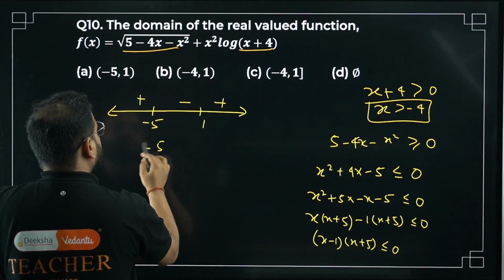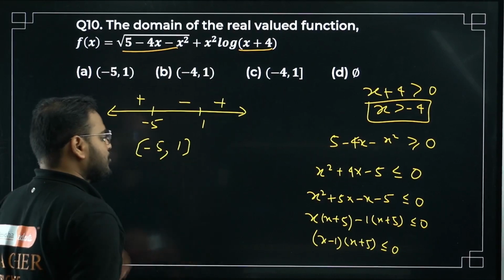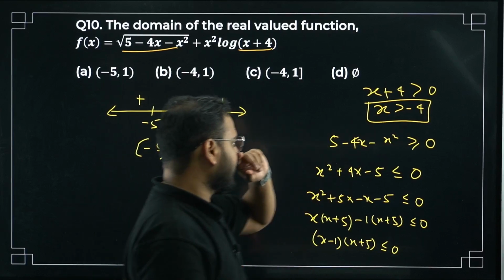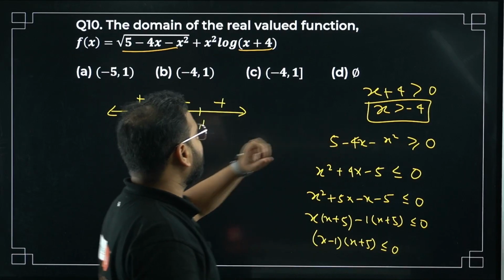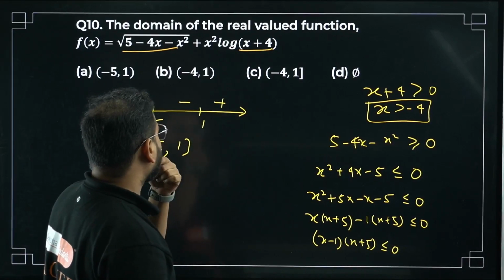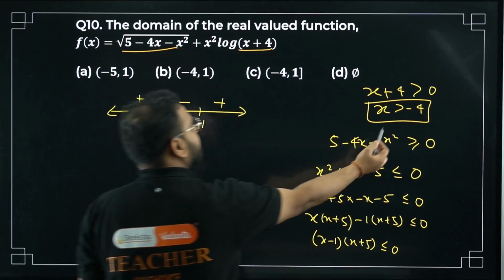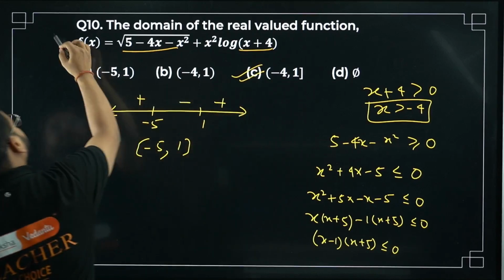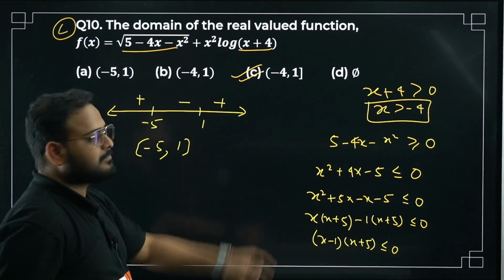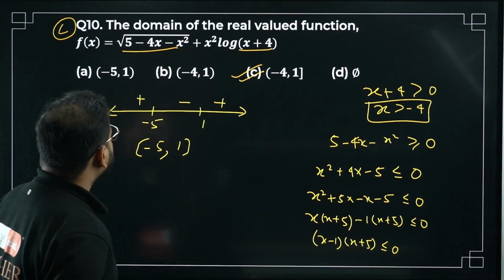So minus 5 closed to 1 closed, but it has said minus 4 to infinity. If you take the intersection of both, you'll get minus 4 to 1. Minus 4 should be open and 1 closed. Option C is correct. Please check, combine them. Option C is correct.